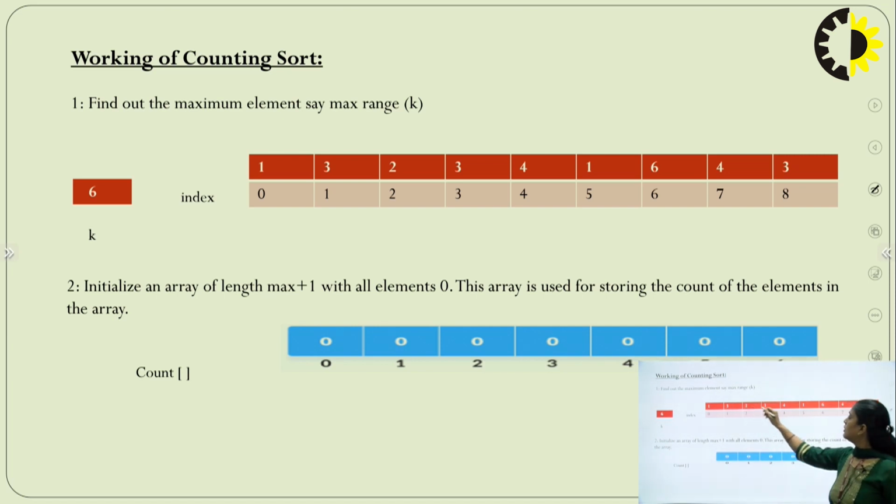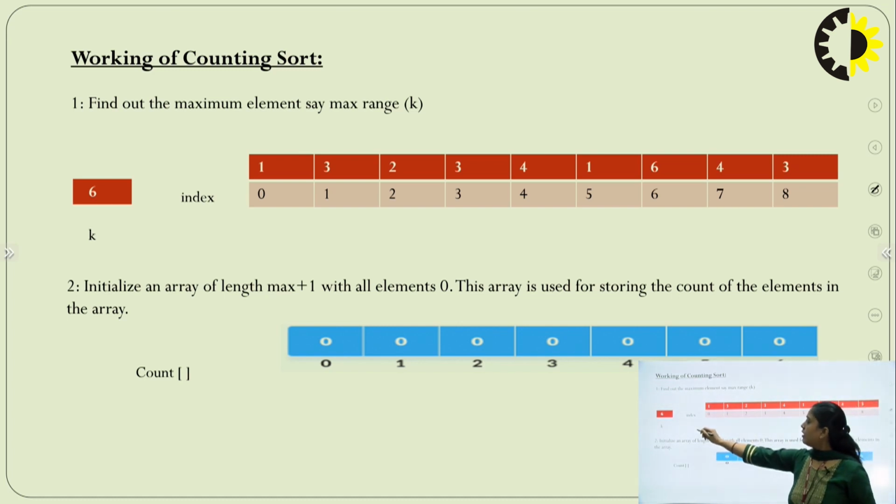These are the distinct values, and among them, as we see, 6 is the maximum key value. So here K is 6. What is K here? K is the distinct maximum value.